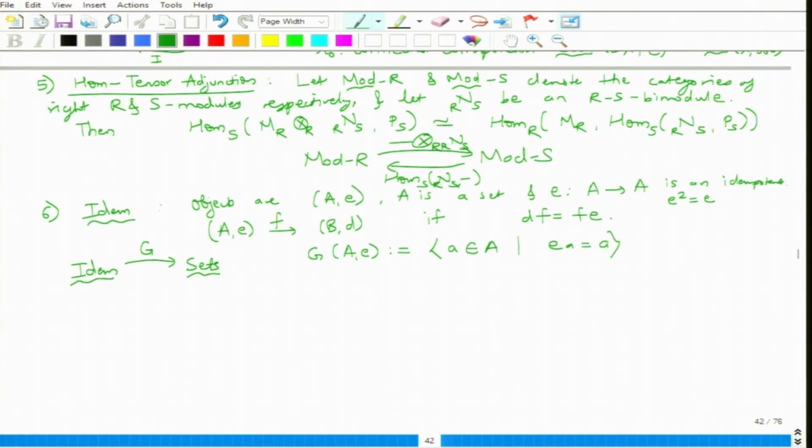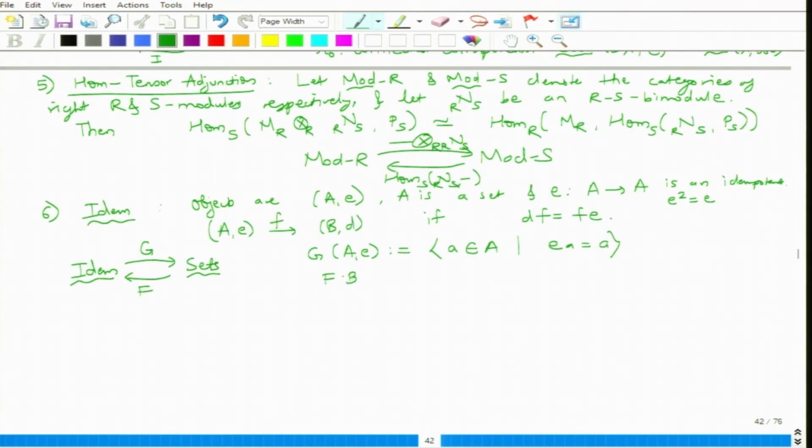And in the reverse direction, given any set, do you know any idempotent on it? Identity. Very good. Any transposition? What is a transposition on a set? For any x1, x2, we just flip x1, x2.